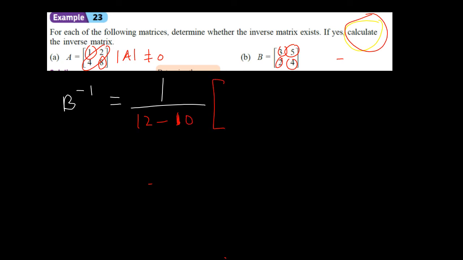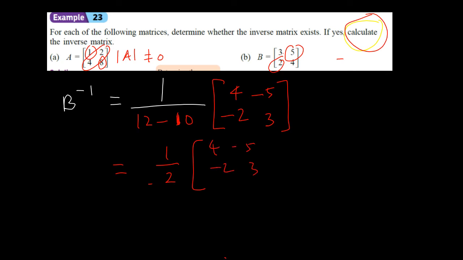And then you just change. What do you change? You interchange 3 and 4. 4 goes there, 3 goes down. And then you change the sign. Here is positive 5, it becomes negative 5. This is positive 2, it becomes negative 2. So this is 1 over 2 times [4, -5; -2, 3].